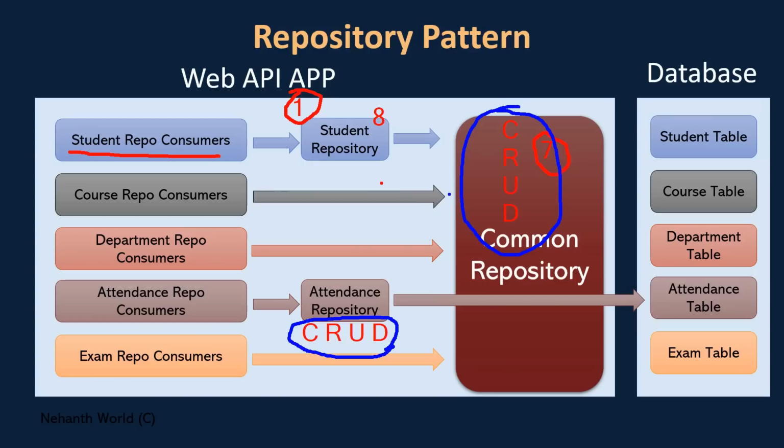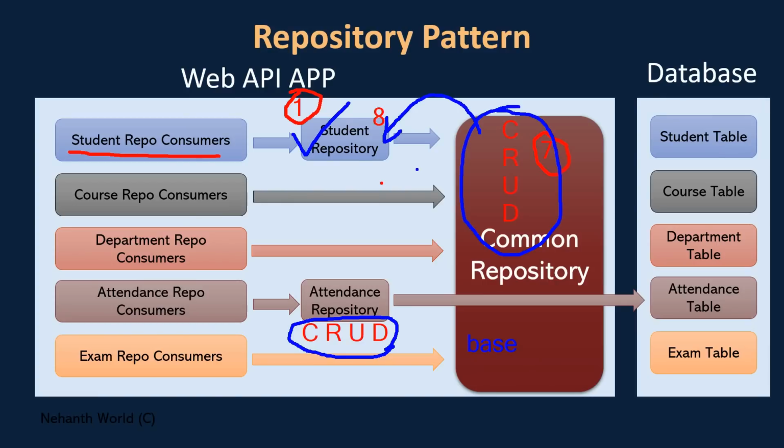Treat the common repository as a base class, and wherever you want common functionality, inherit it into your table specific repository, so that you are reusing the common code and implementing the table specific functionality inside your table specific repository.